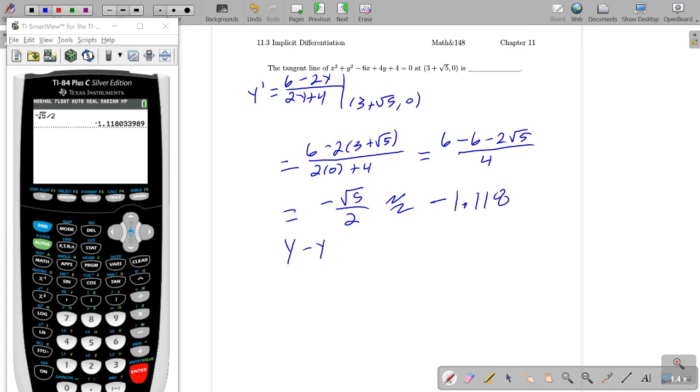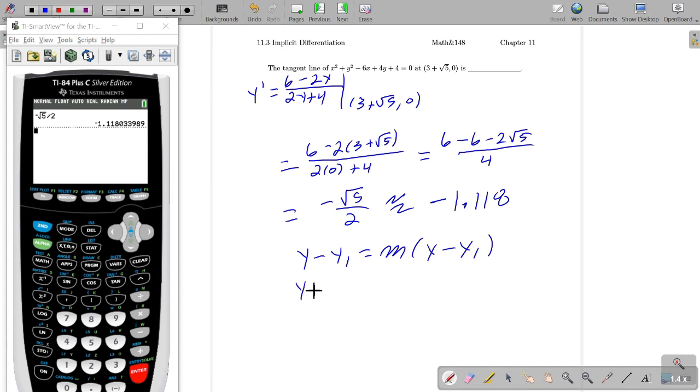So y minus y1 equals m times (x minus x1). So y minus 0, y equals mx plus b. Is that right? And we'll go back the other way. y minus y1 equals m times (x minus x1).